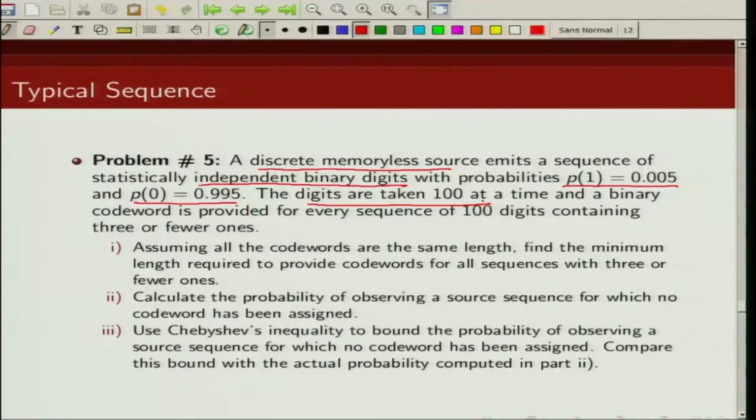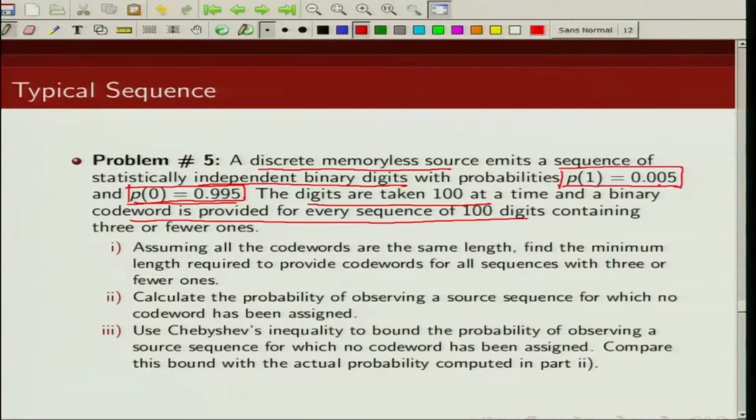The digits are taken 100 at a time and a binary code word is provided for every sequence of 100 bits. So we have a binary discrete memoryless source which is emitting zeros and ones, zeros with this probability and 1 with this probability.